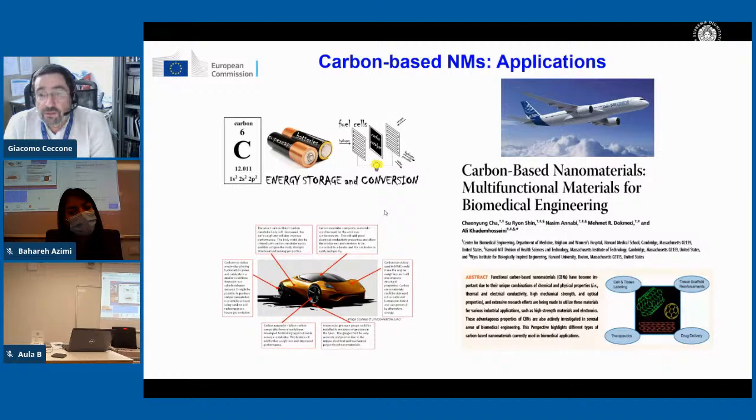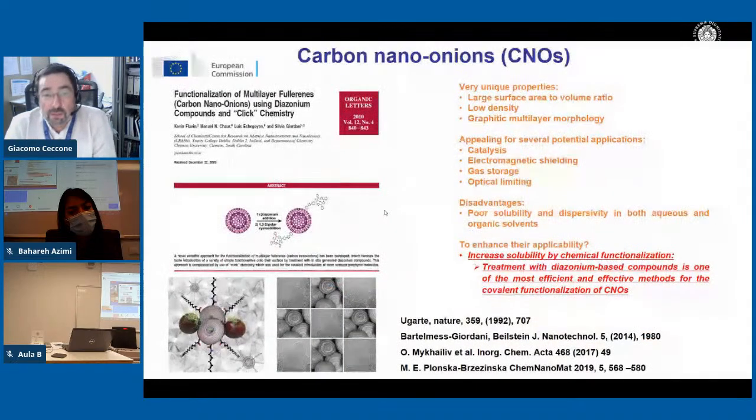Amongst the different types of carbon-based nanomaterials, one of the materials that demonstrates quite promising properties and a promising structure to be used in nanomedicine is what they call carbon nano-onions.